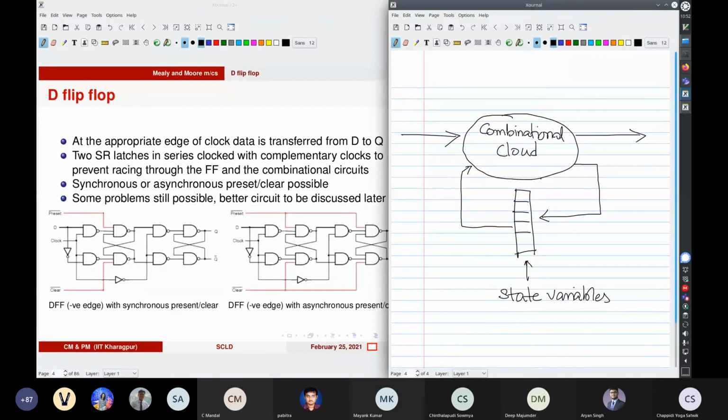This is the Huffman machine model of a sequential machine. This is the primary input.